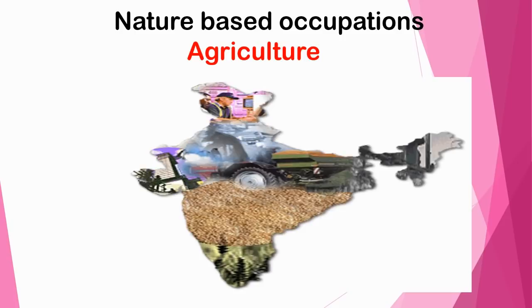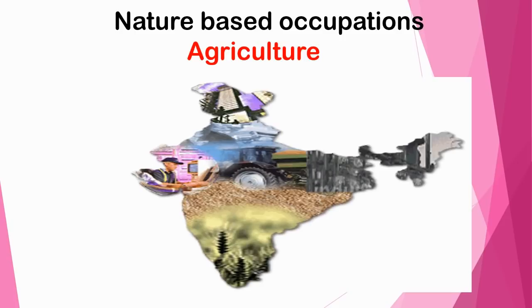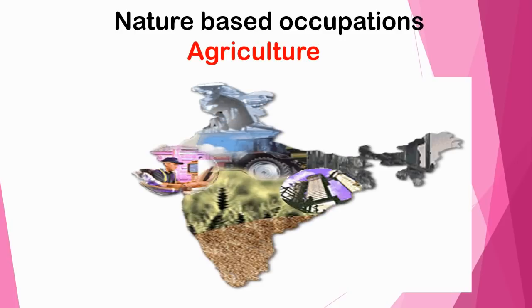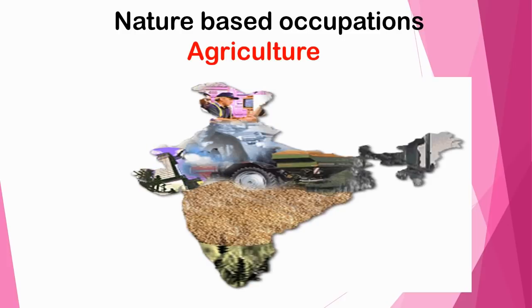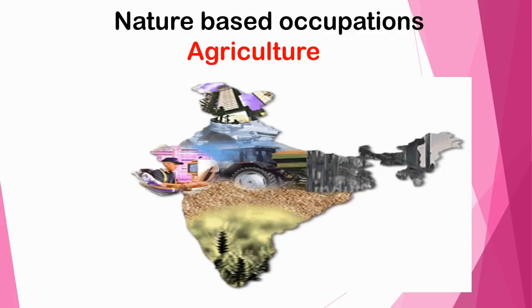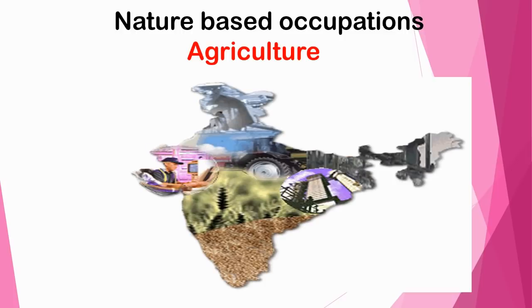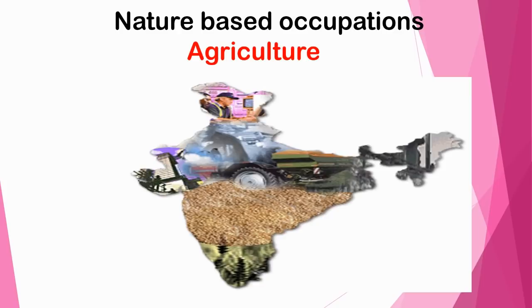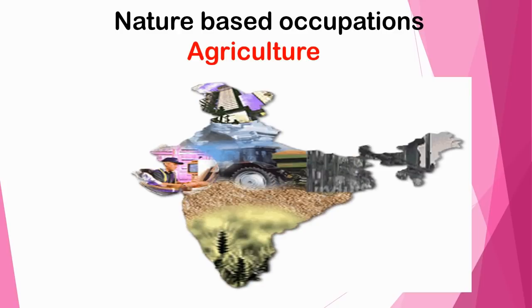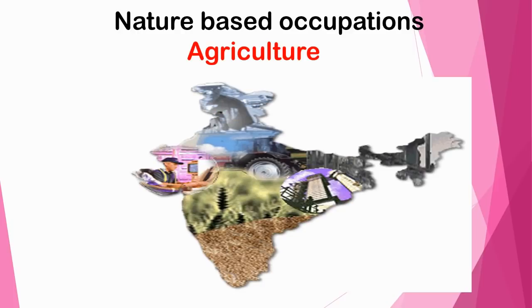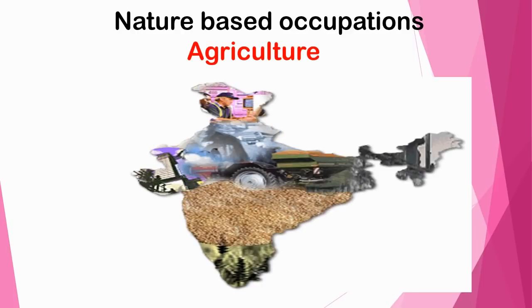Agriculture is important not only for the supply of food but also for the provision of raw materials for other industries such as textile, sugar, jute, vegetable oil and tobacco. Agriculture is not only an occupation for people but also a way of life. Have you understood, students? So agriculture is very important in our life.